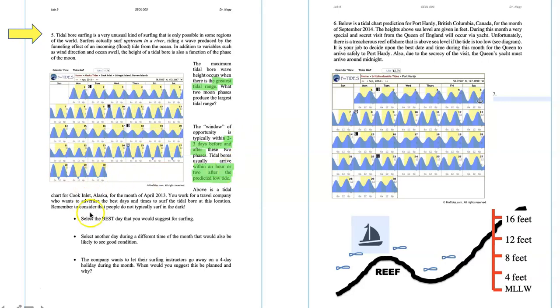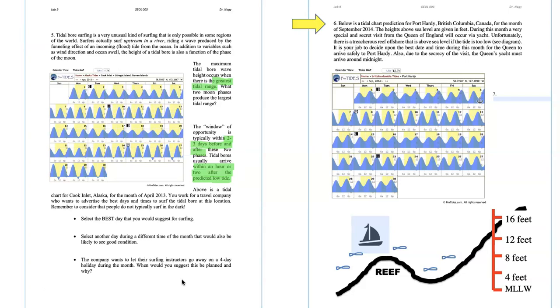So you are again asked to select the best day that would be for surfing, and keep in mind that people don't surf at night in the dark. Select another day. So I want you to basically have two different options from two different times in the month. And then the last question basically asks you when would be the worst time to do tidal bore surfing.